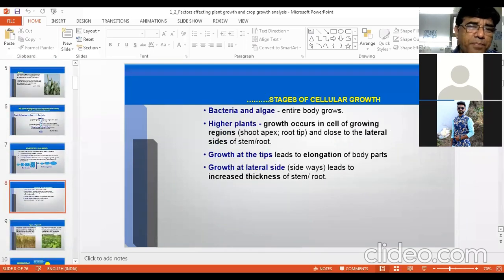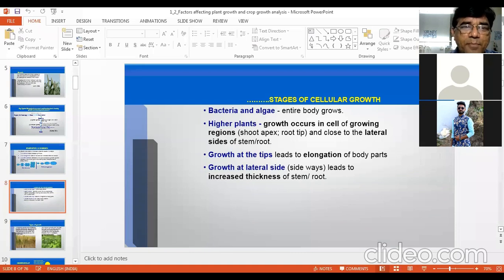Now you see about bacteria and algae. In bacteria and algae, the entire body grows. In higher plants, growth occurs in cells of growing regions, that is the shoot apex or root tip. Means what are the plant parts where growth occurs.